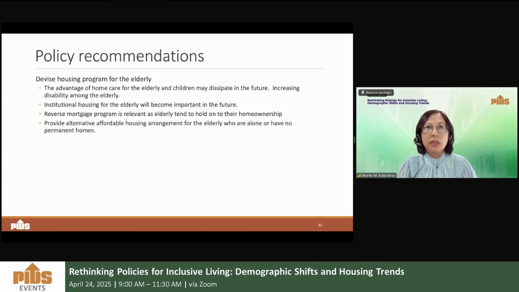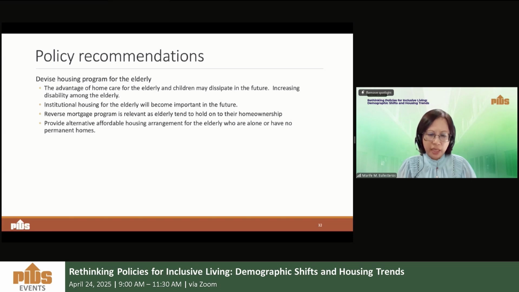There are also studies showing that disease patterns and illnesses for the elderly are increasing, in cases where there's a need for more care. So these are things that need to be considered.